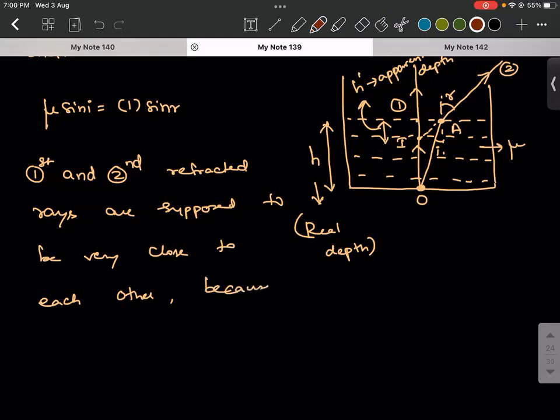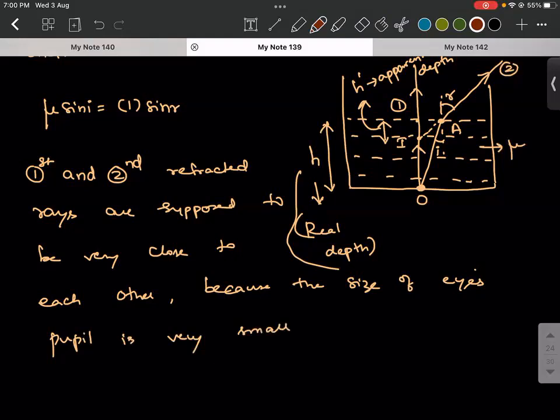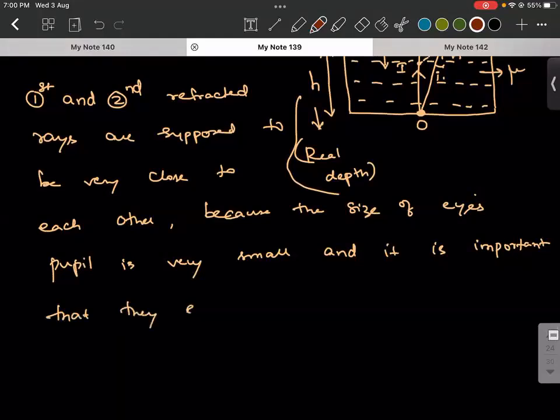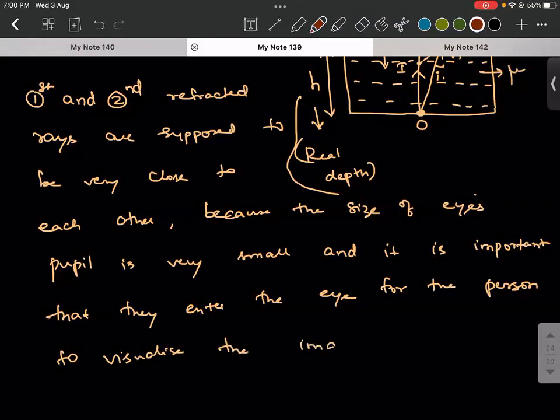The size of the eye's pupil is very small, and it is important that they enter the eye for the person to visualize the image formed.